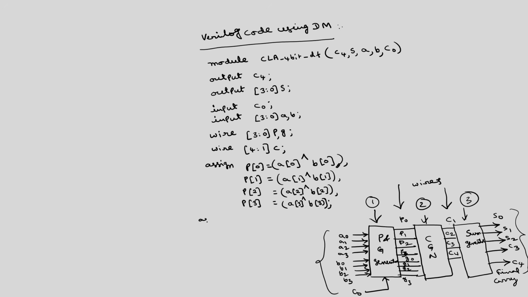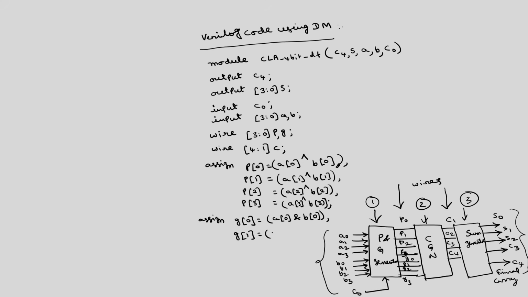Similarly, you have to write assign for G's. G0 is an AND operation, A0 AND with B0, comma. I am going to use only a single assign for this AND operation also.